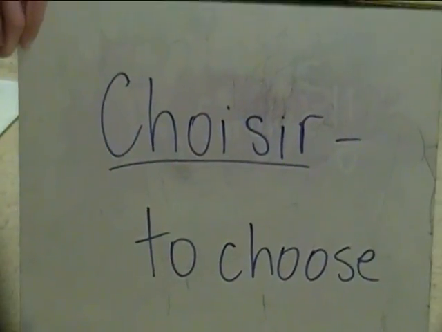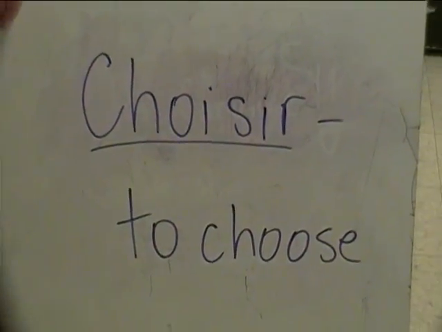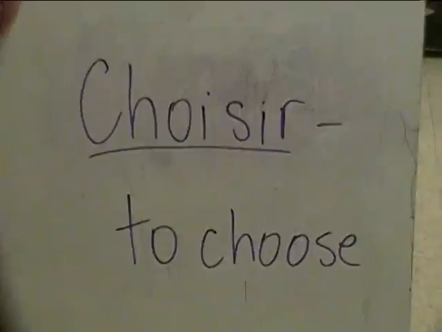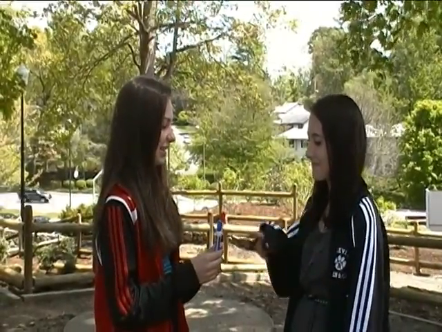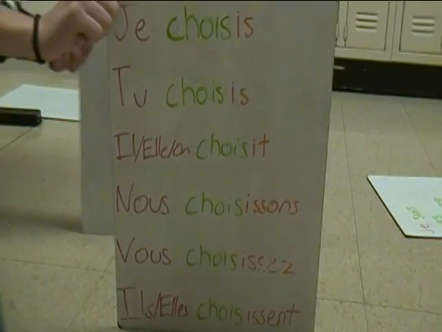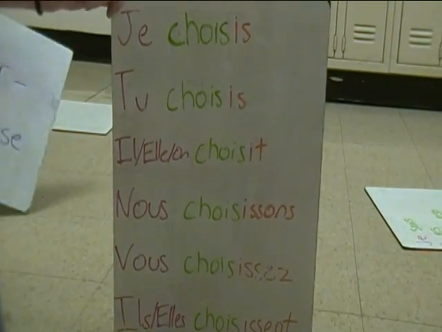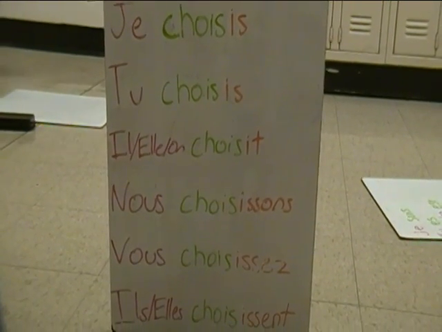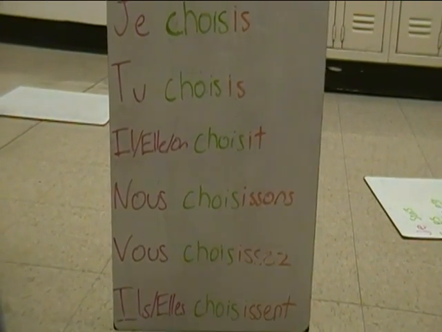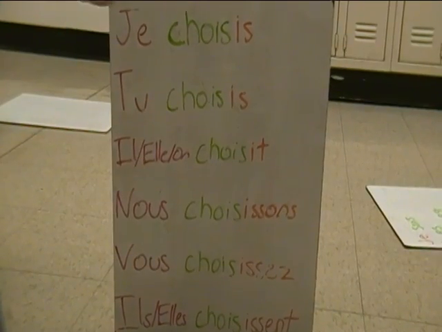ER down, 3 more to go. Next are IR verbs, and we are using choisir, or to choose, as this example. You choose blue. First, you take off the IR, leaving the CHOIS. Just like ER verbs, there's a certain ending to each pronoun, shown here.